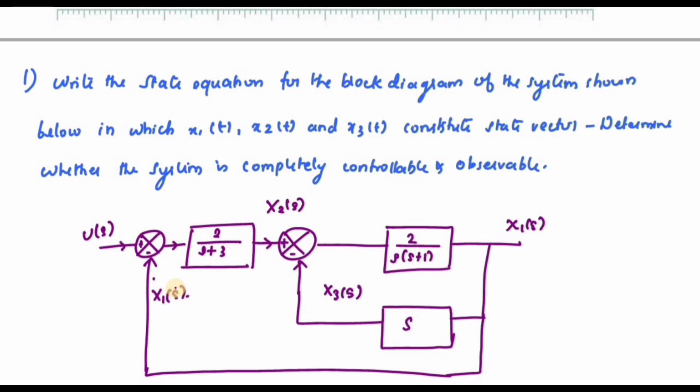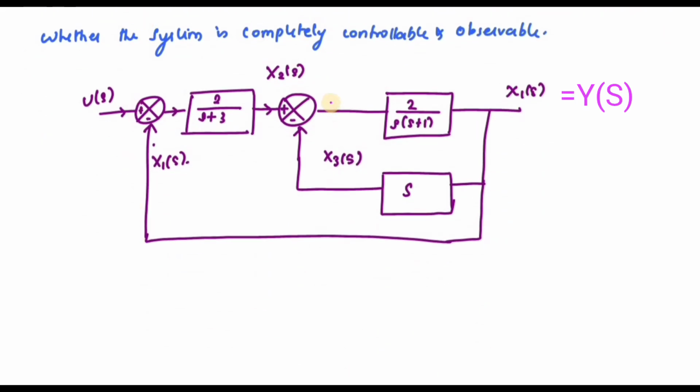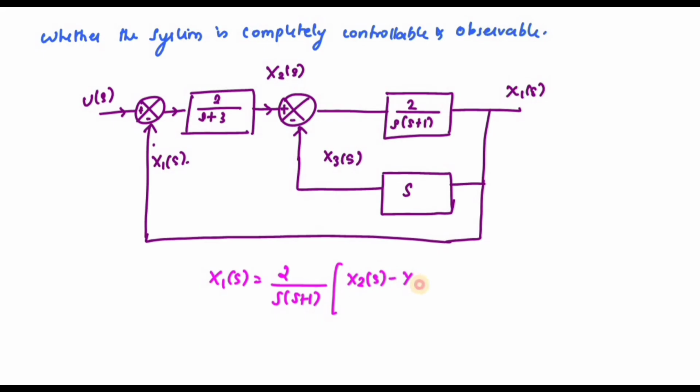So I can write X1(s), considering only this one and this one, as X1(s) equals 2 divided by s into (s plus 1), times the output of the previous block.